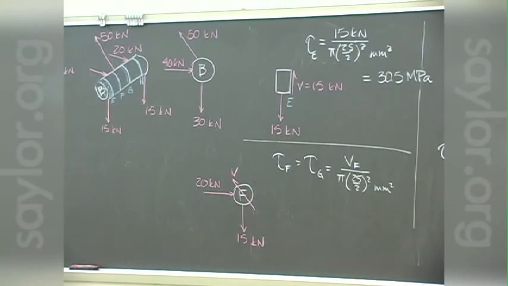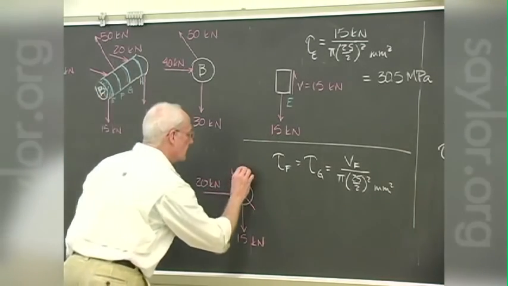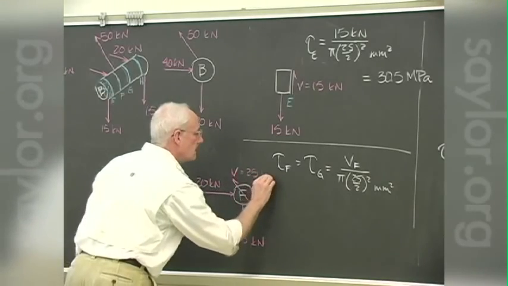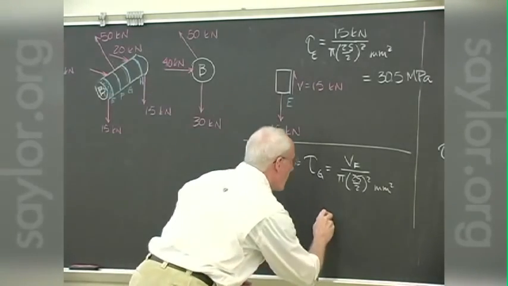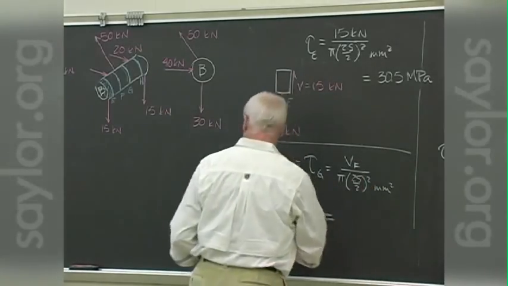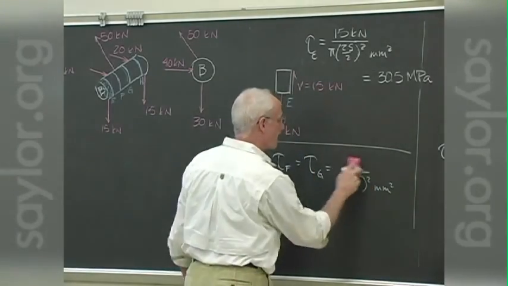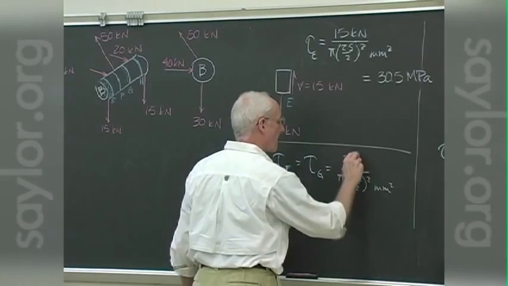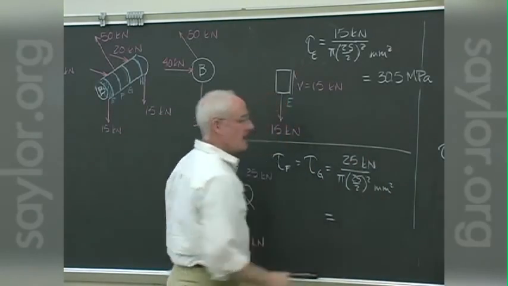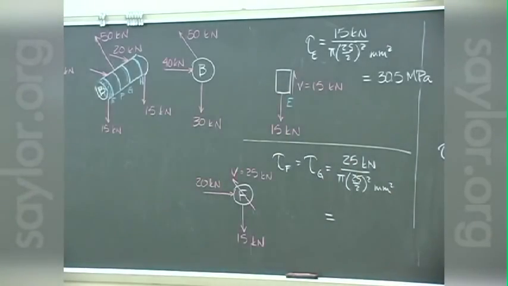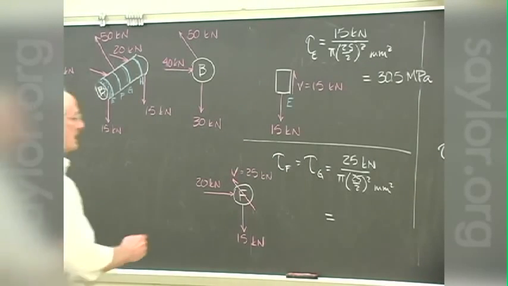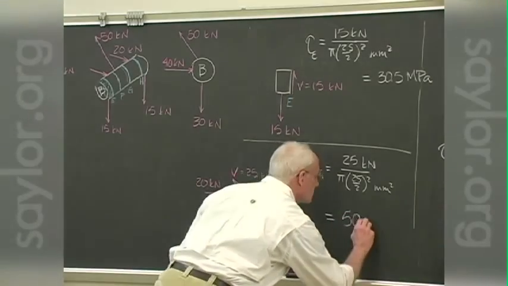How big would it be? 25 kilonewtons. In fact, that's our 3, 4, 5 triangle again. And again, if you look at the two areas, F and G together, they're maintaining 50 kilonewtons, and you double the area, you get the same ratio anyway. And you get 50.9 megapascal.